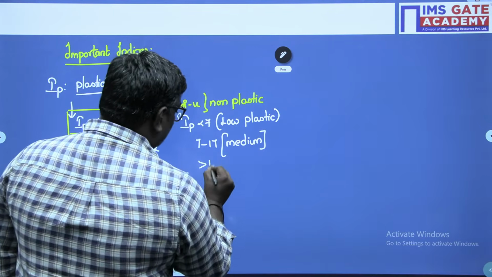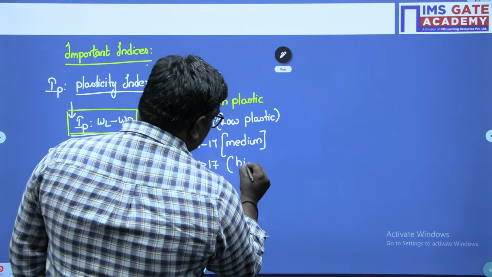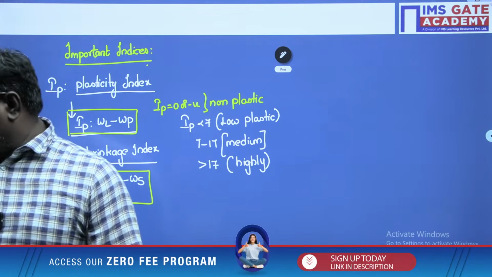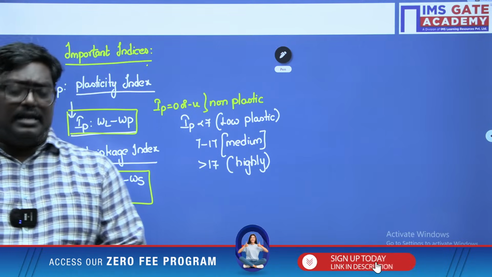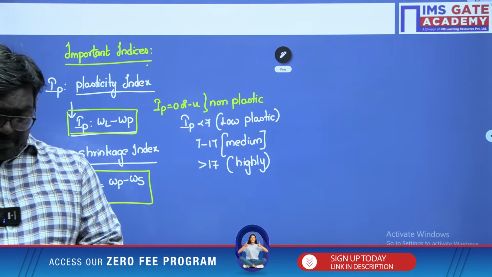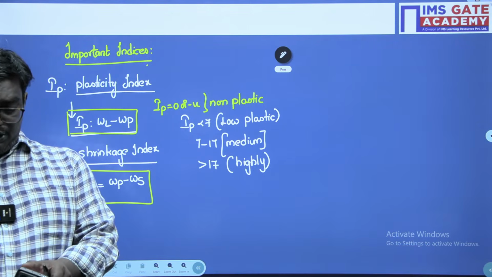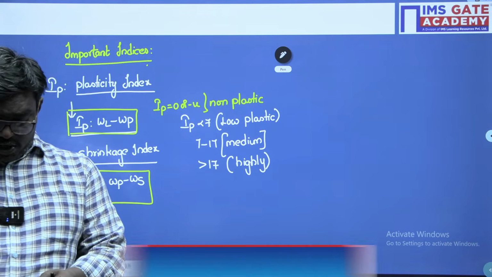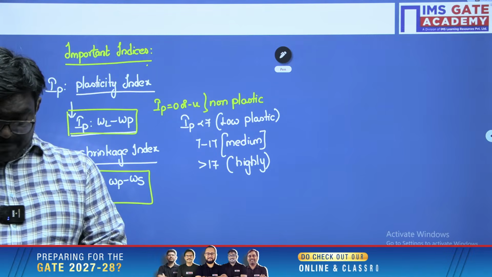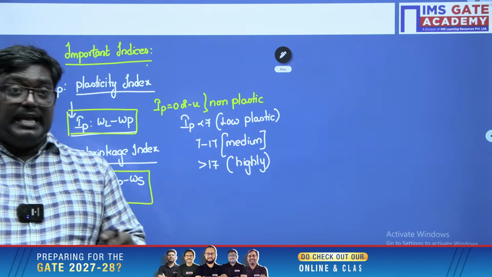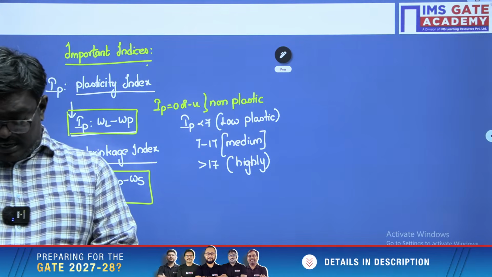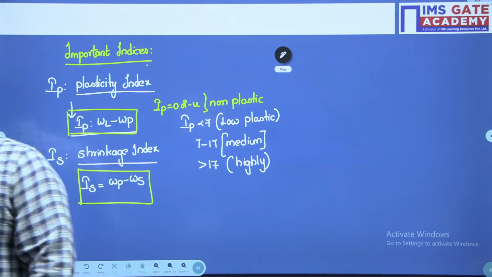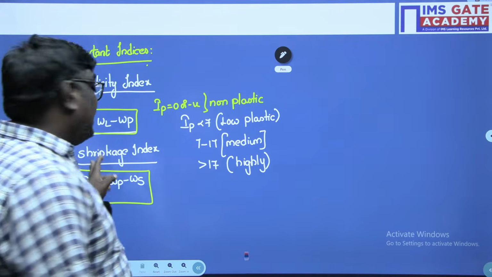When IP is more than 17, we take it as highly plastic soil. Always remember, if the plasticity index is negative, we take it as 0. That is very important, my dear students. So please understand this.